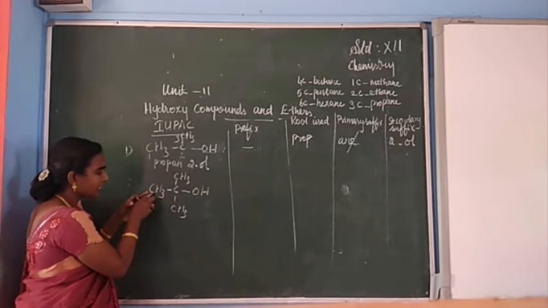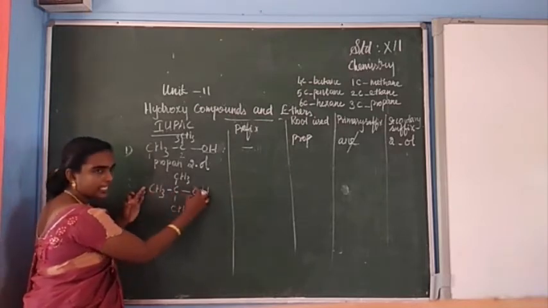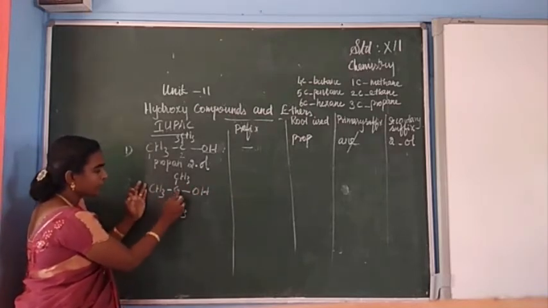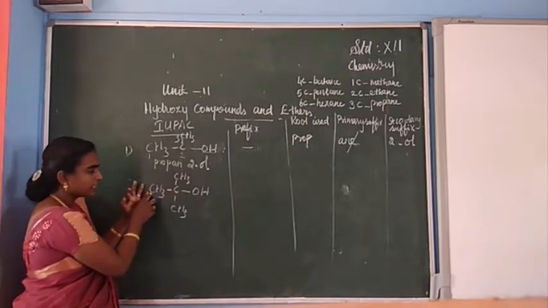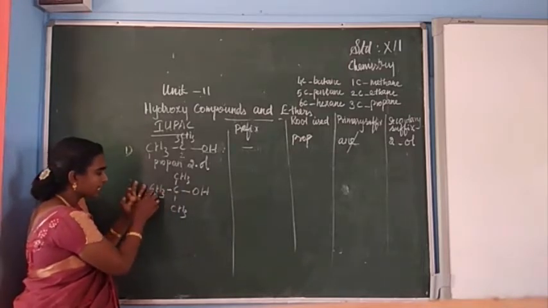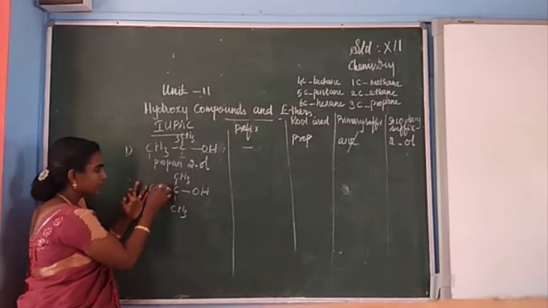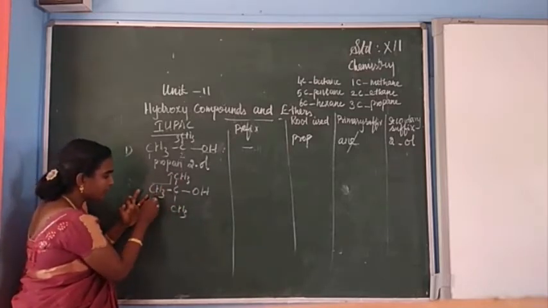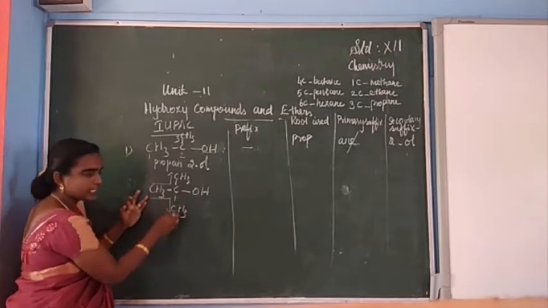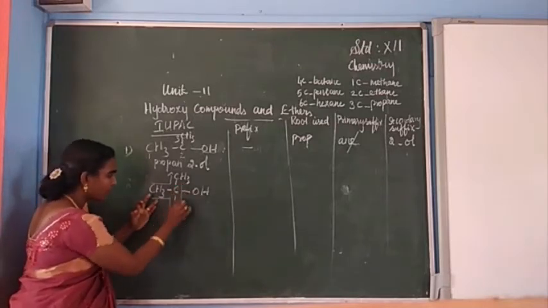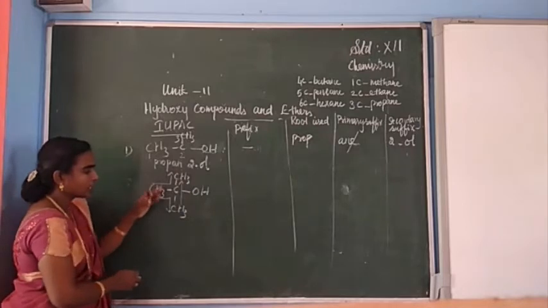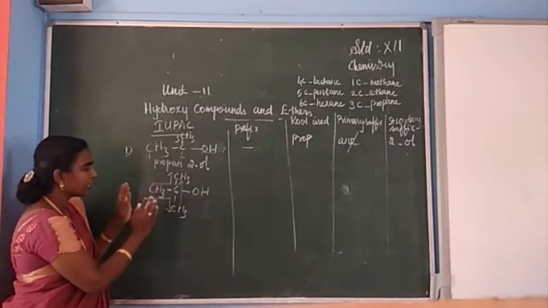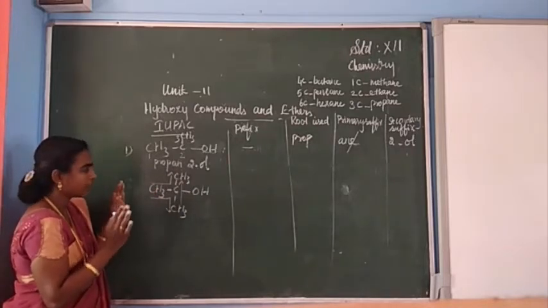When you consider the straight line, only two carbons are possible, 1, 2. Then any other way, we can select this way. This is one way, and these 3 carbons we can mention like this. And one more way we can select. So these are the possible ways of selecting the longest carbon chain.